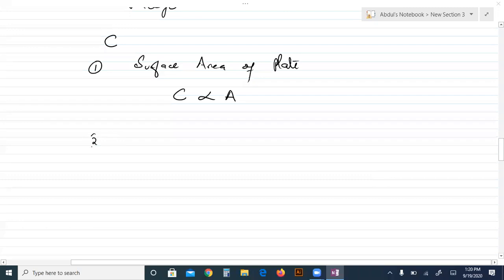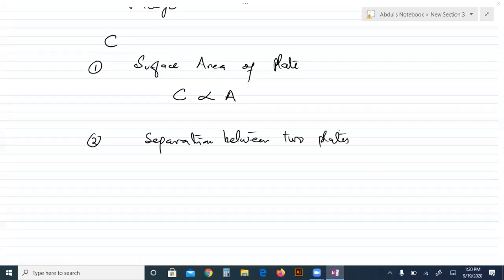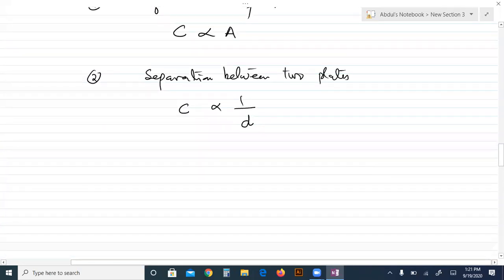And number two, separation between two plates. C is inversely proportional to separation D. Larger the separation between the plates, smaller the capacitance.